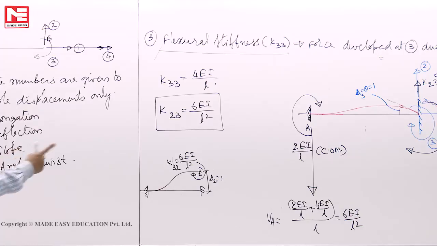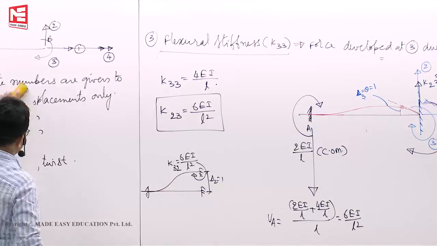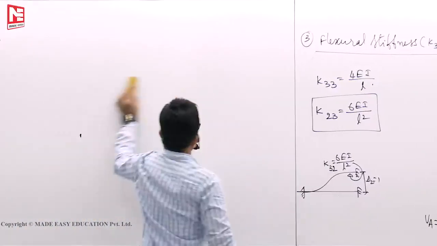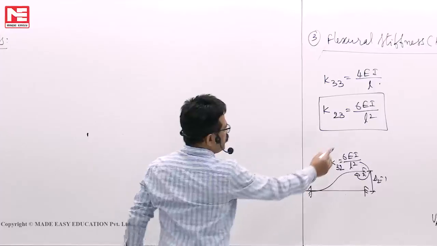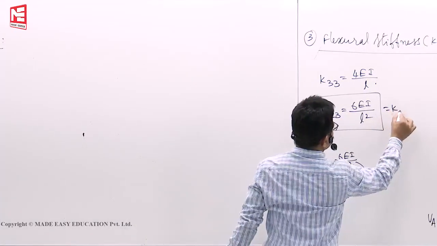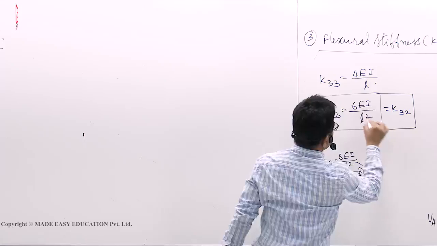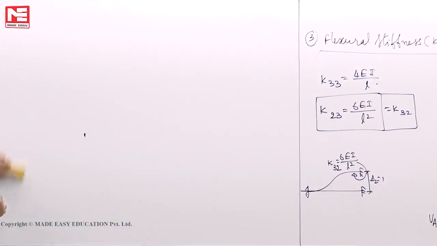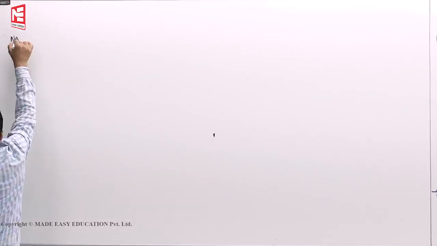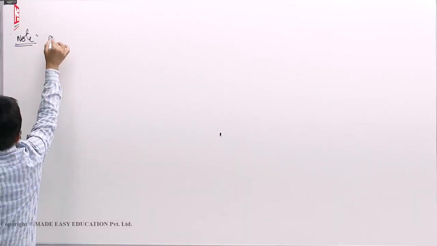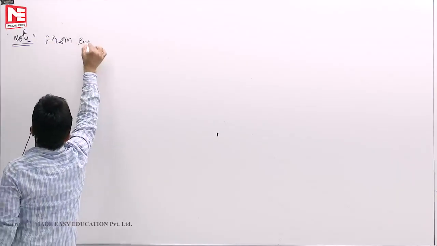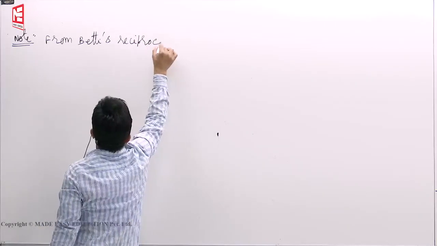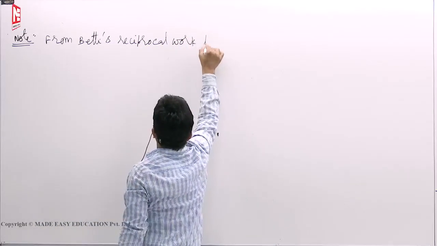Now, that point I will write here, this I remove. This is K32, why they are equal? This is also equal to K32. This is a note we will write. This is what we have studied in strength of materials. What sir has told you is this one. From Betti's reciprocal work theorem.